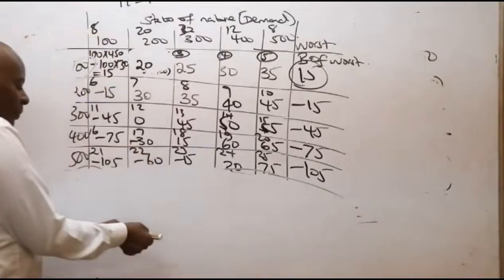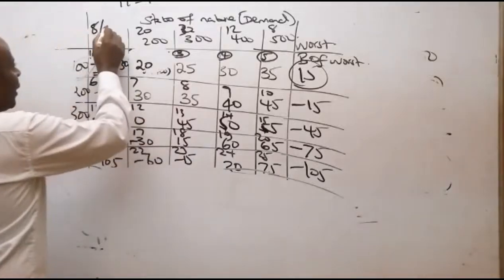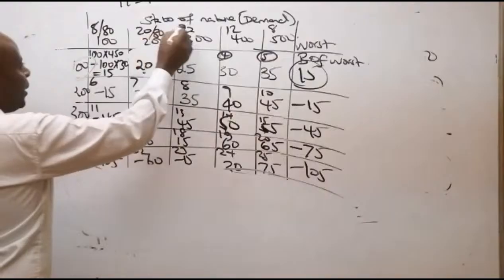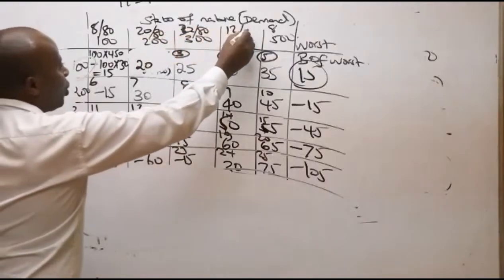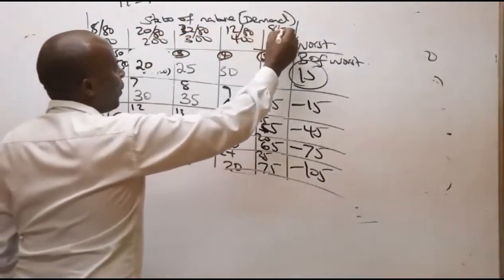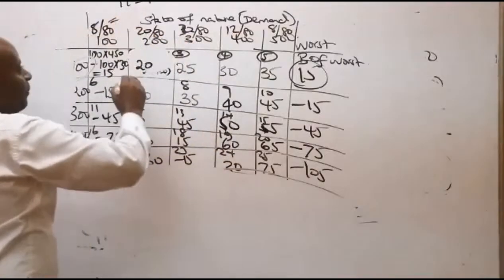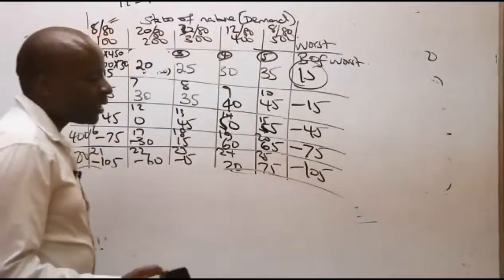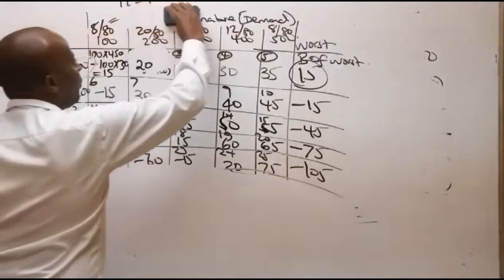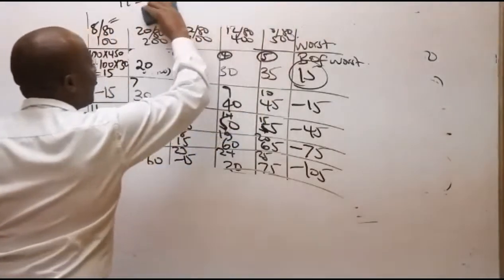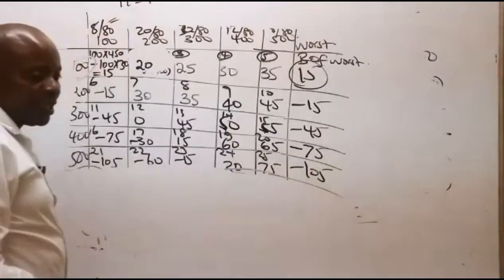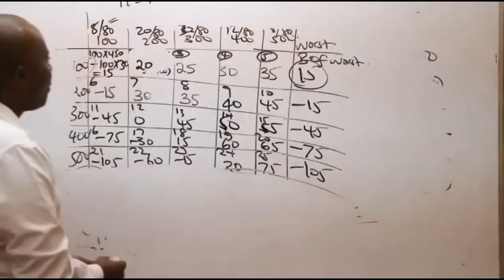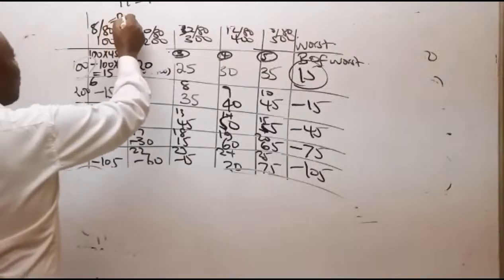So then I'll talk of 8 over 80, 20 over 80, 32 over 80, 12 over 80, 8 over 80. So please give us figures here. Thank you very much. So 8 over 80 gives us 0.1.